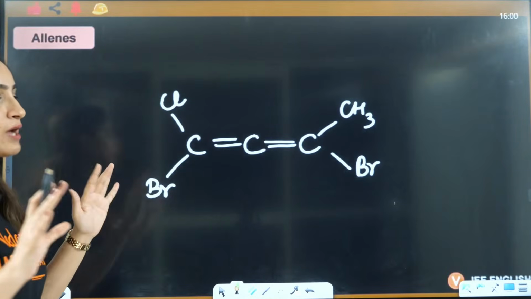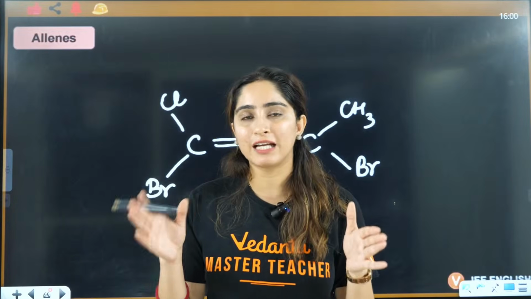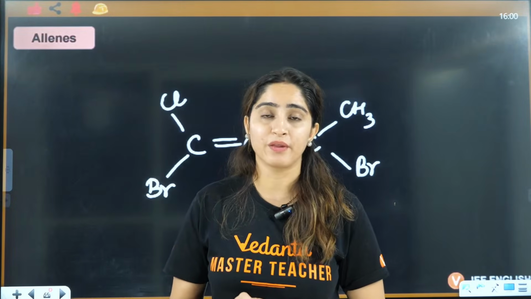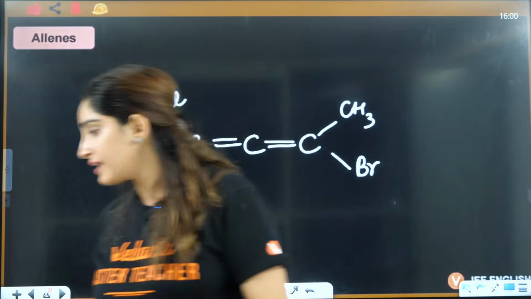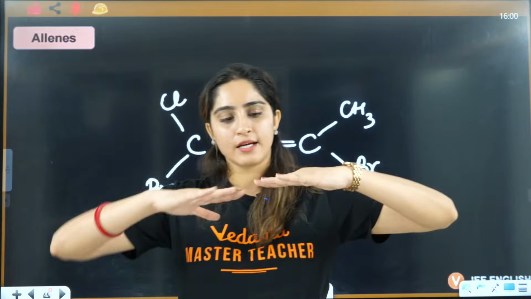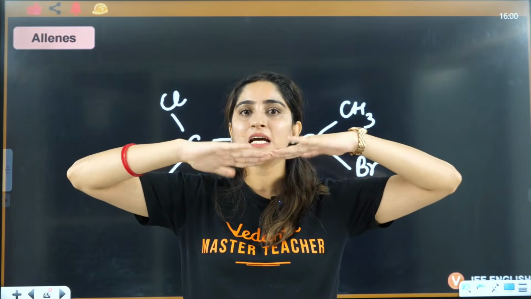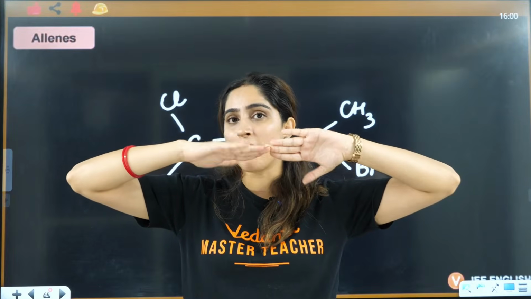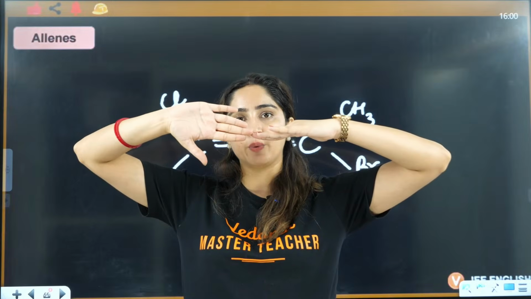Okay, so now guys, understand what allenes are. Allenes are when you have adjacent double bonds, right. What exactly happens here is that they repel each other so much that their planes are different and perpendicular to each other.